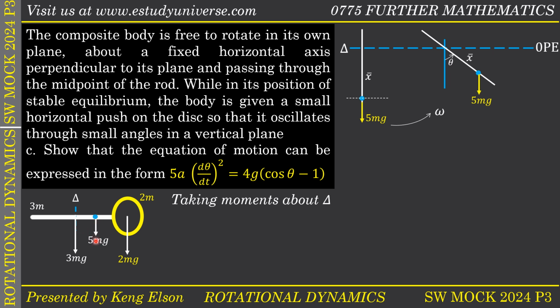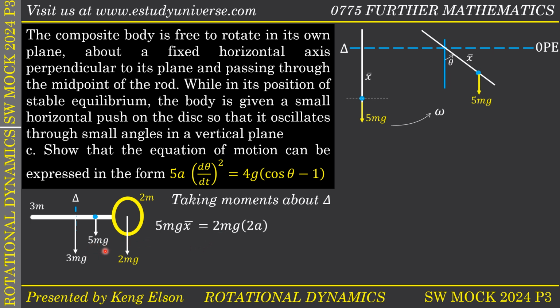But 5 mg has a perpendicular distance of x bar, and then 2 mg has a perpendicular distance of 2a, because the distance from the axis here to the center of this disc was 2a. We saw it previously. So if we take moments about that, we are just going to have 5 mg times x bar equal to 2 mg times 2a.